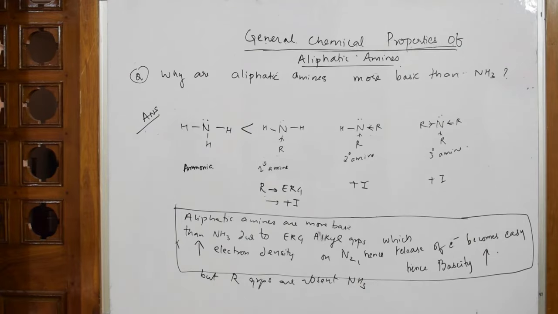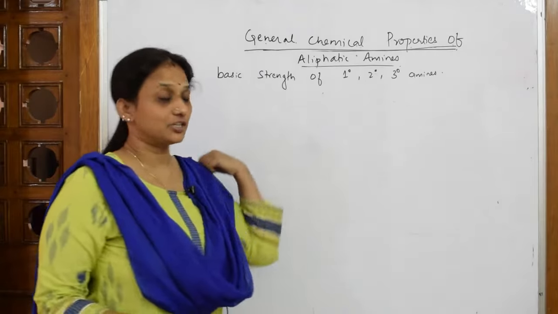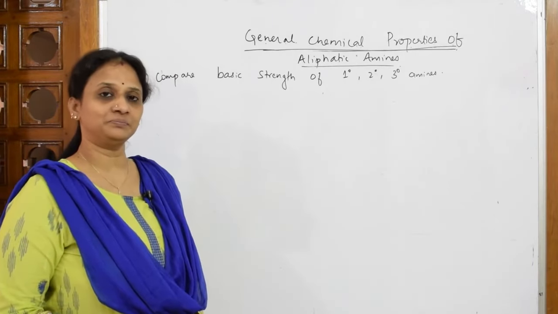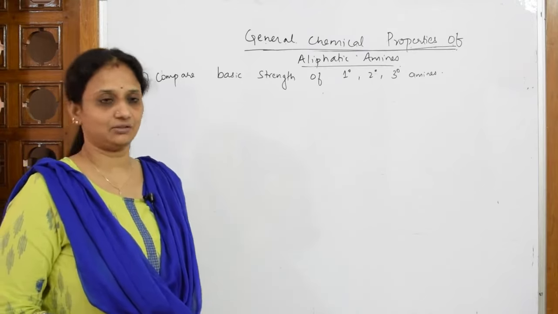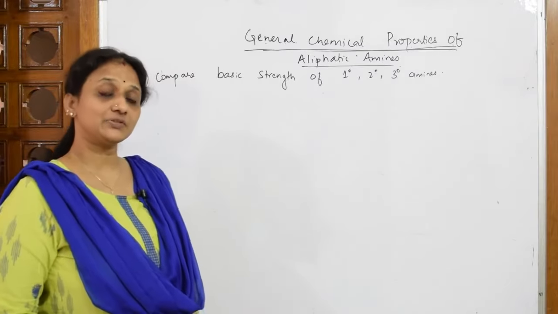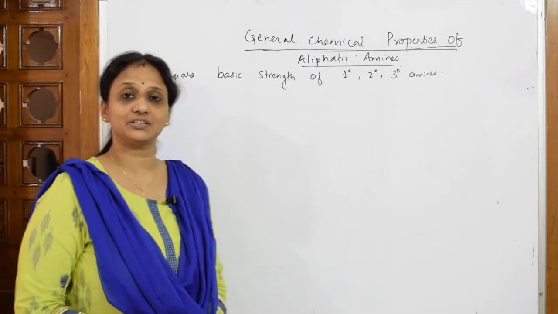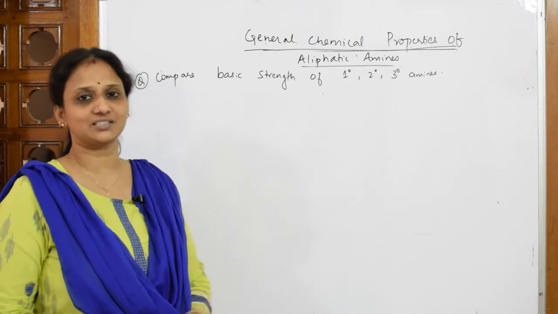That's it. This is your answer. Now let us come back and learn one more concept. Till now I taught you based on your pKb value, then based on alkyl groups. Now suppose this question is asked: compare the basic strength of primary, secondary and tertiary amines. You have to be very keen in answering this question.